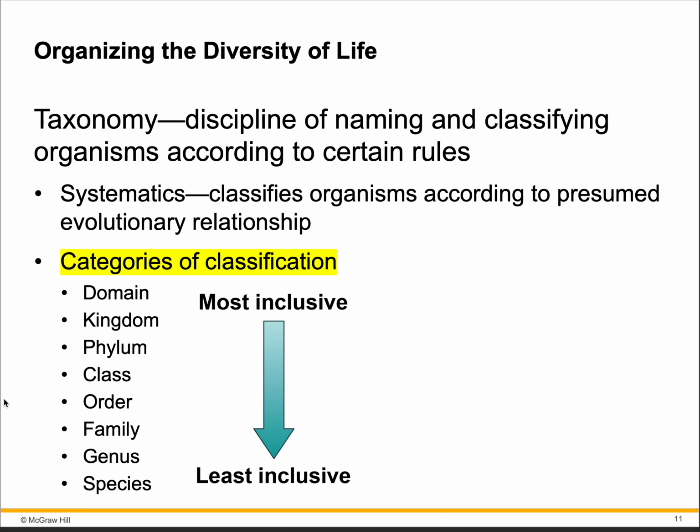Another way of classification is what we call taxonomy. And this might be a little bit more familiar to you. When we classify animals, we classify them using taxonomy. Like, there are birds, there are snakes, there are fish, right? That's how we organize things.